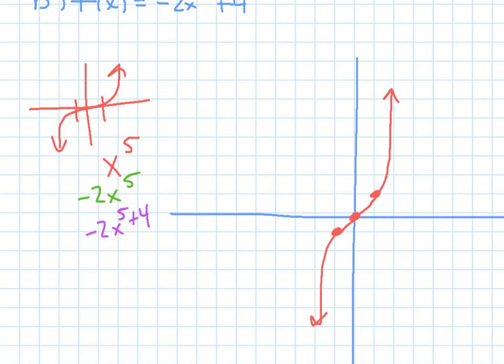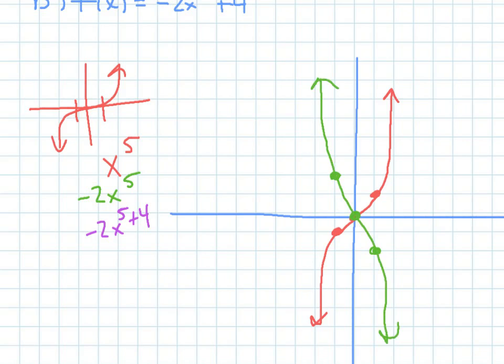That means I'm flipping them, but then I'm also multiplying by negative 2. So negative 1 times negative 2 gets me a positive 2, so I go all the way up here. 0 would still be 0. And then 1 would become negative 2. So that stretches it even more. So now that 32 that you're supposed to get to becomes 64 on both sides. So it stretches it even further vertically.